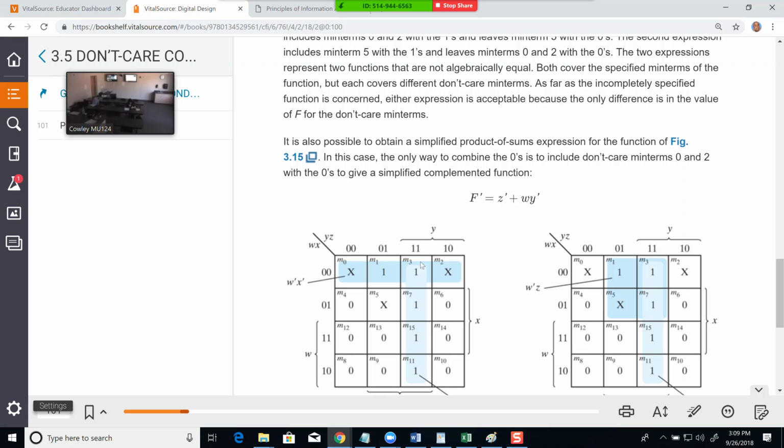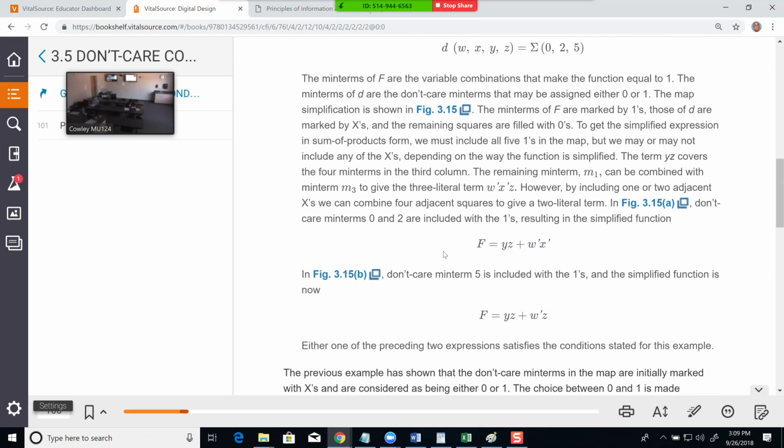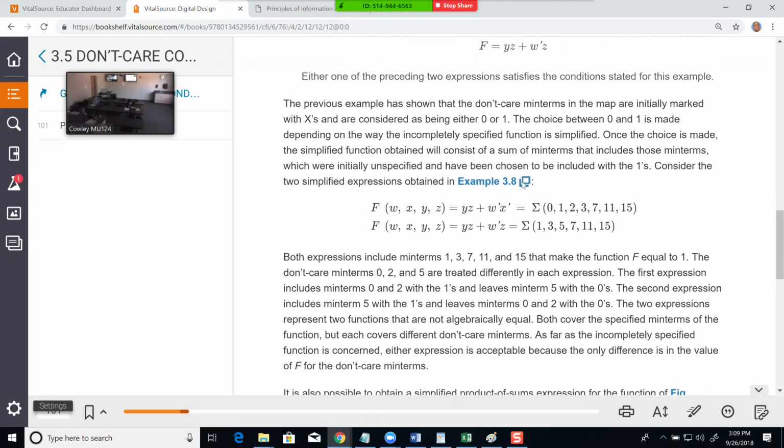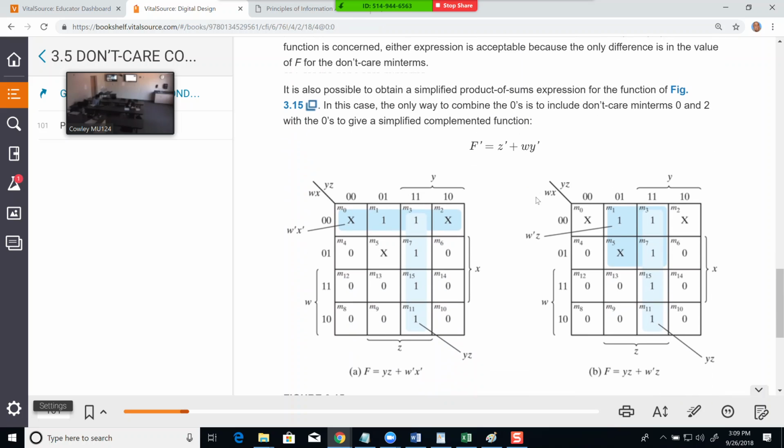So we got 1, 3, 7, 11, 15, and the don't cares are 0, 2, and 5. Let me write this down instead of flipping back and forth. So I come down here to 1, 3, 7, 11, 15.